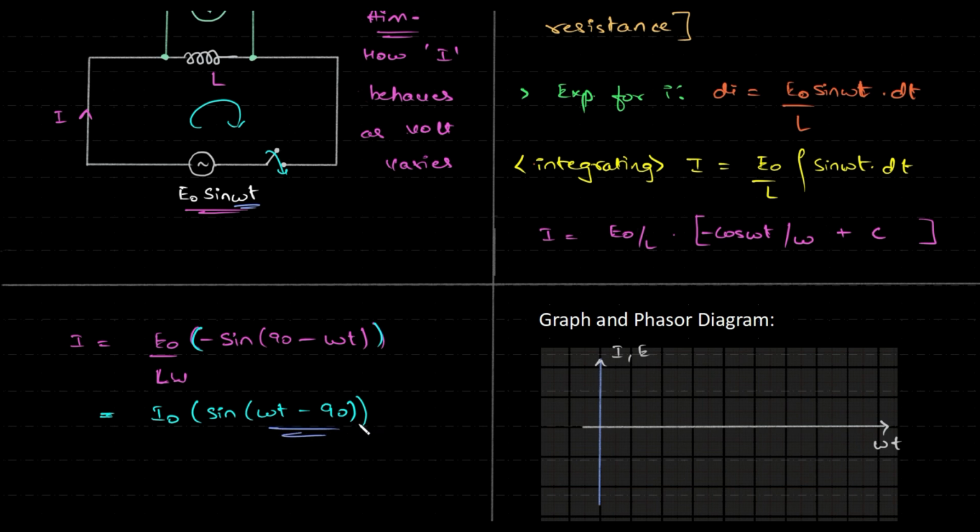So what is it telling? Our E varies as a function in this manner, and I, which is a function of time, varies in this manner. So this expression has a pi by 2 over here.